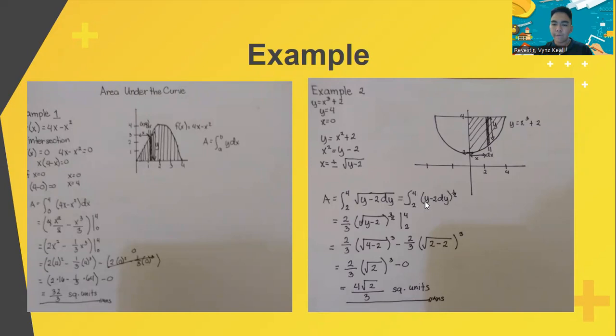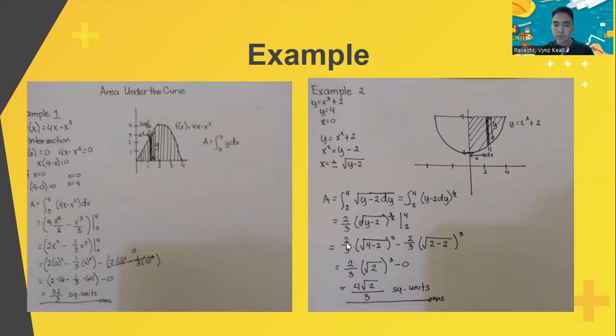The integral of (y minus 2) raised to 1/2 dy is equal to 2/3 times (y minus 2) raised to 3/2, with the limits of 2 to 4.